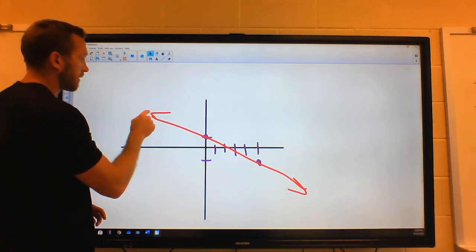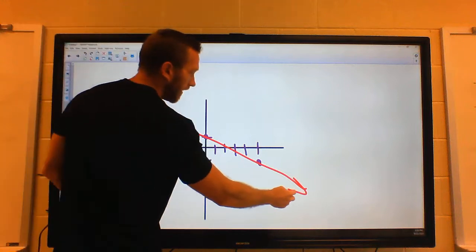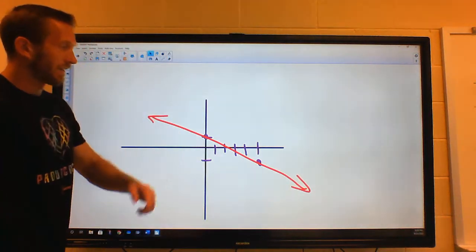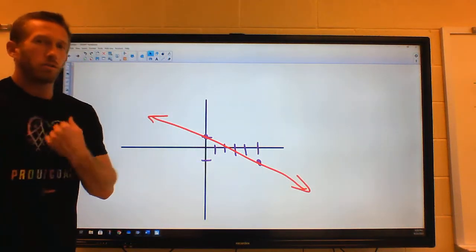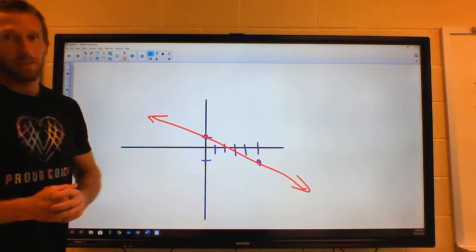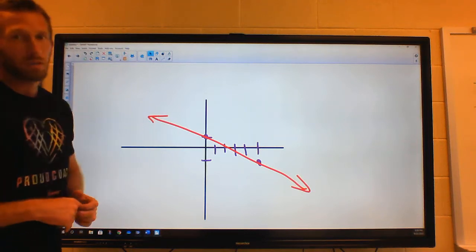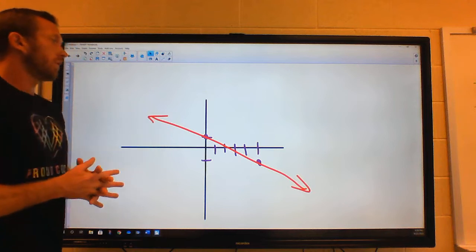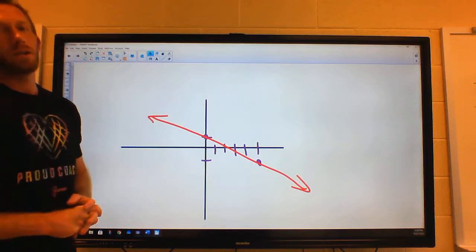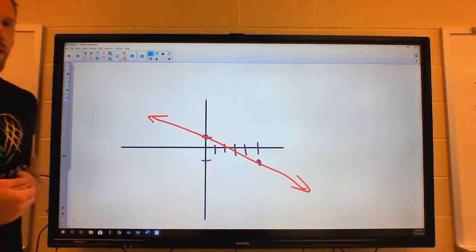Boom, because even when I draw something poorly, I can just rotate it and it looks a little better. Okay, now I want you to come up with the equation for this. Okay, so now I'm going to do a couple practice problems where I give you the picture of the graph and you have to come up with the equation for the graph. All right?